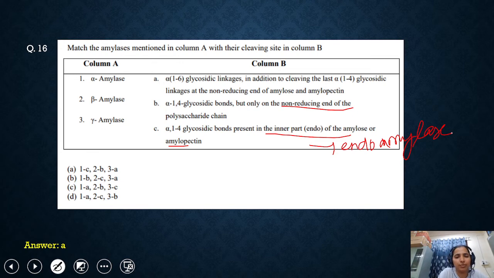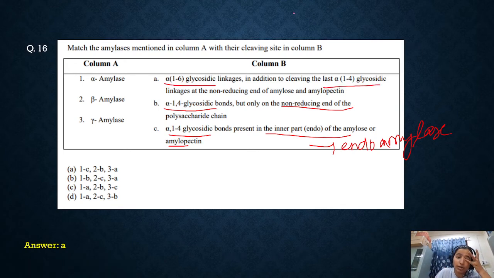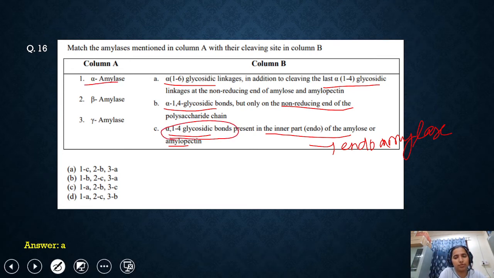First thing you must know is whether it is breaking the alpha 1,4 glycosidic bond or alpha 1,6 also. This alpha amylase mainly breaks the alpha 1,4 glycosidic bond, but at the endo part. Suppose this is the chain present.